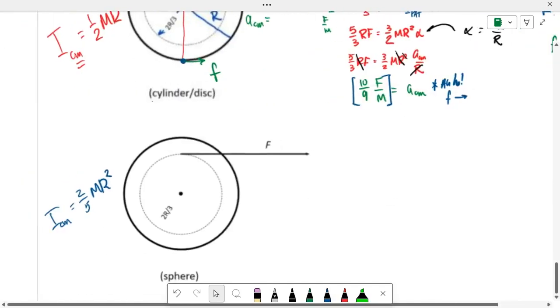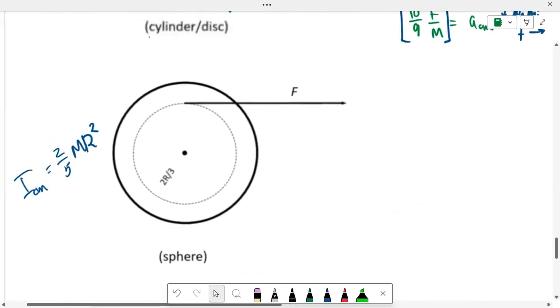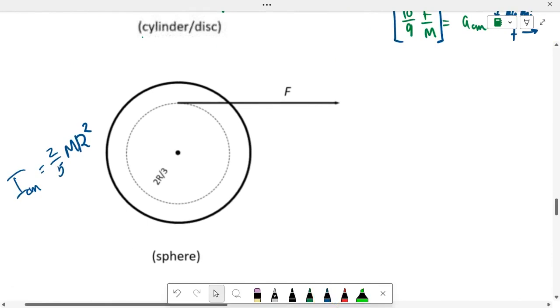We've got a sphere to which we somehow apply a force F at the same spot. Let's do the same thing. Let's take our point of contact as origin.